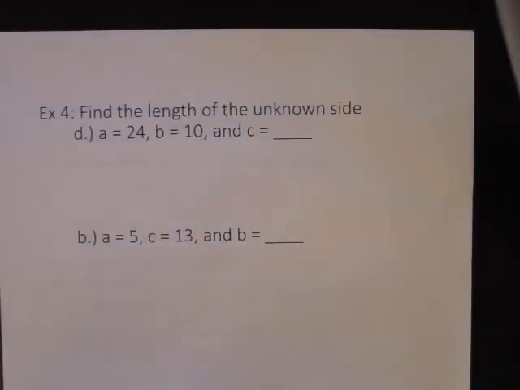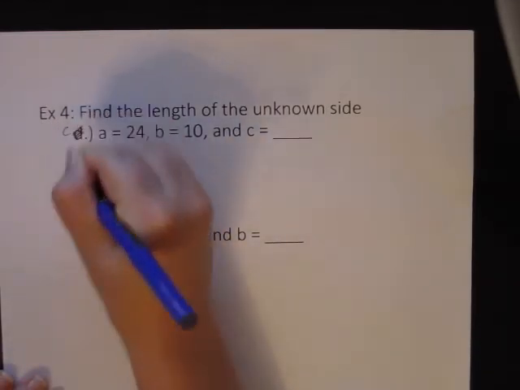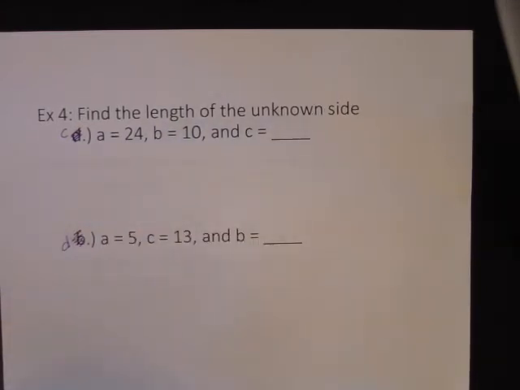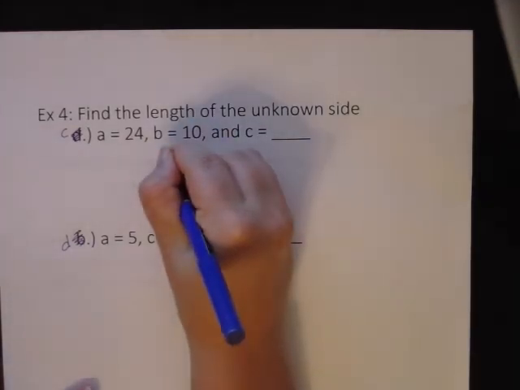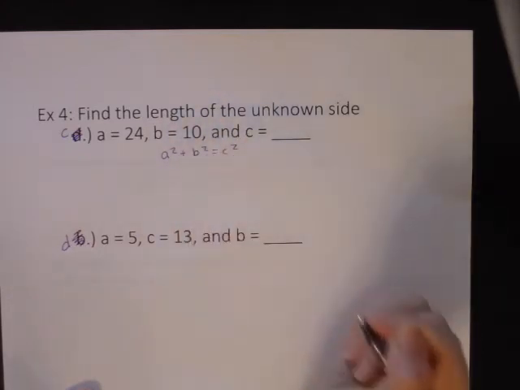Okay, now what I want you to do is practice it. So pause the tape and go through these two problems for me. Alright, so we got A equals 24, B equals 10, and C equals blank. First thing I want to do is write my formula, so I go A squared plus B squared equals C squared.